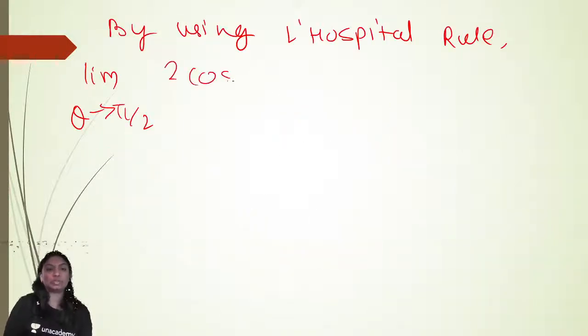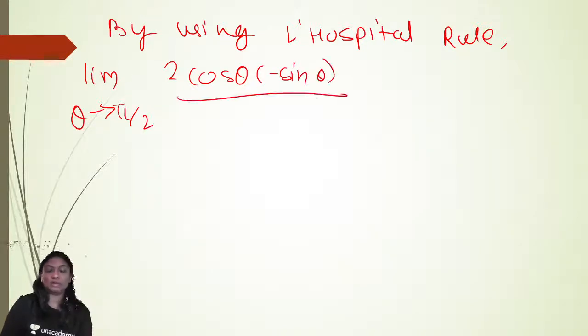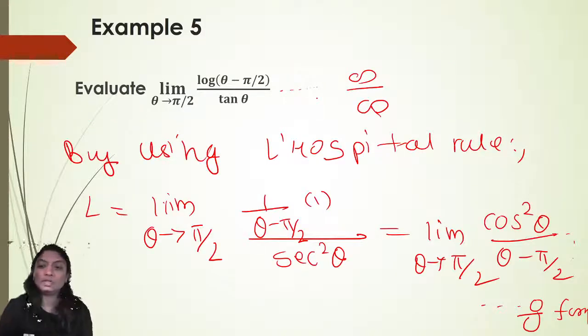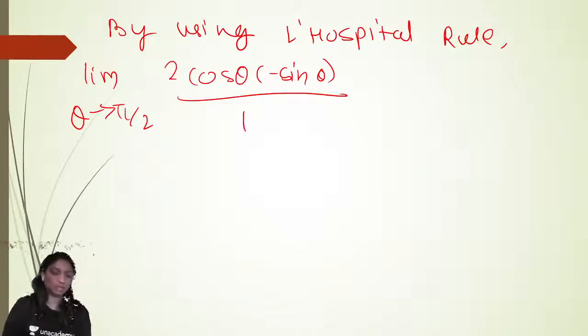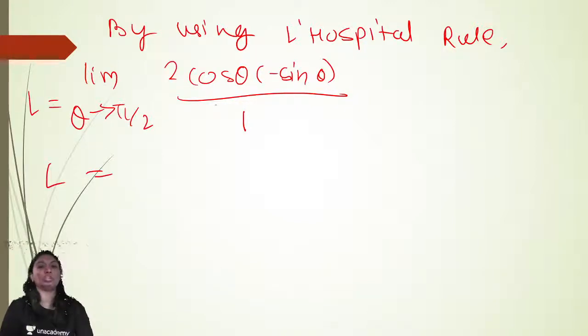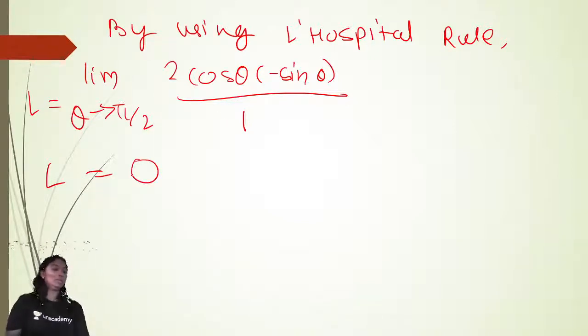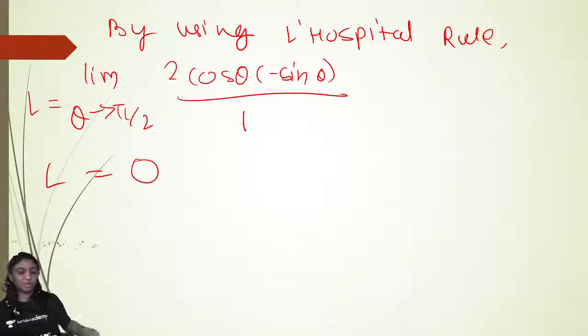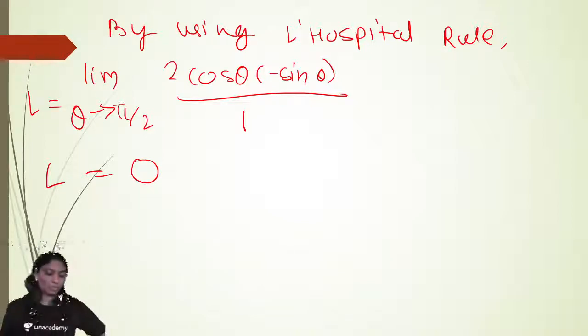It is 2 cos theta into minus sin theta, and the derivative of theta minus pi by 2 is only 1. Now put theta is equal to pi by 2. Here you will get L is equal to cos pi by 2, that is cos 90, which is 0. So ultimately you will get the limit is 0. The limiting value of this function is 0 as theta tends to pi by 2.